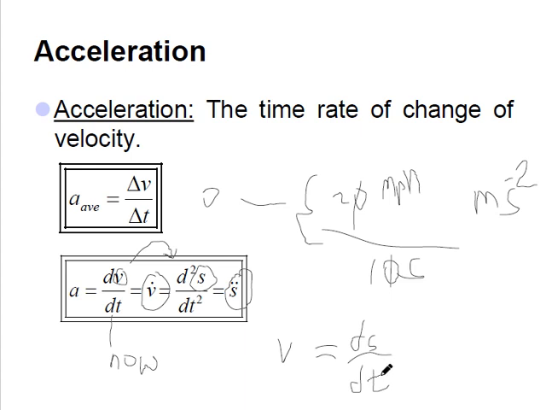So we're putting this whole thing into here. When you put it in, you get d, and then d, and then s, so d squared s, and then you have d and then t, and you're going to put that down here. So you're going to have dt squared, and that's what we're writing.